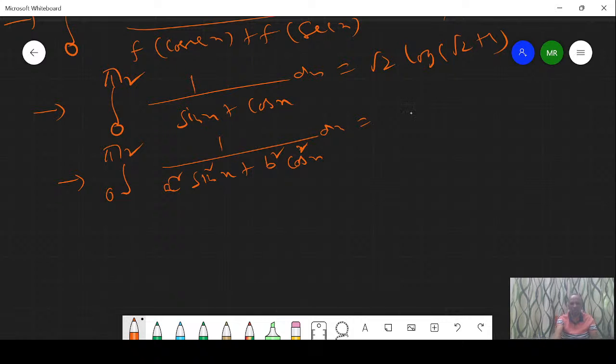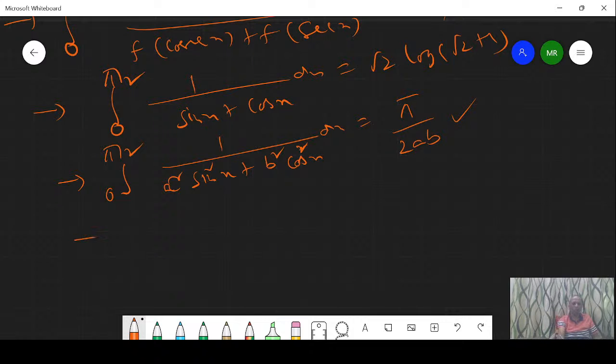Whenever they are given like this, the answer is pi by 2ab. This is the important one. Directly you can write your answer, pi by 2ab. No doubt, you can write pi by 2ab.